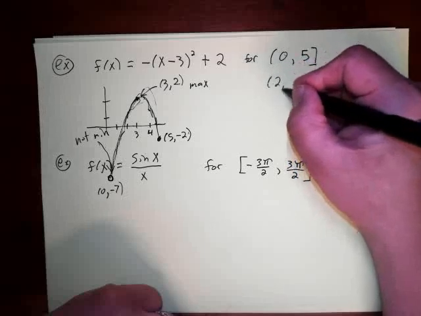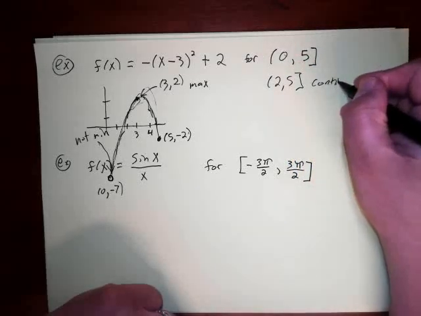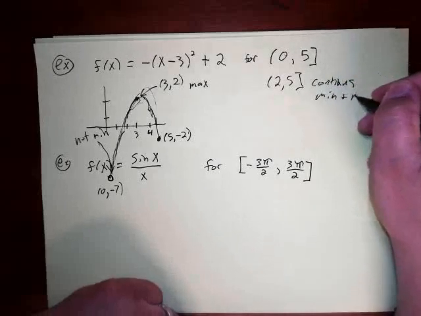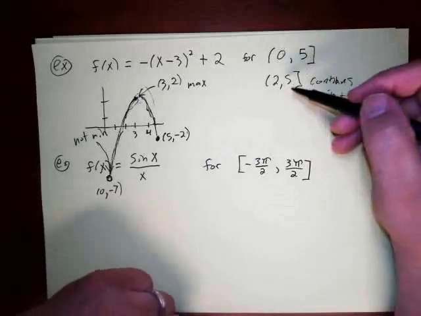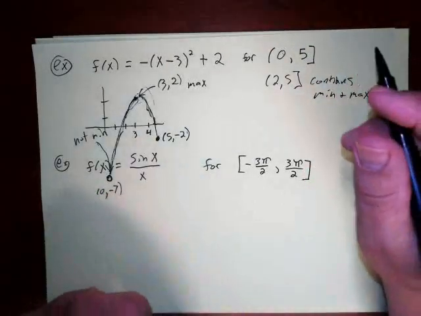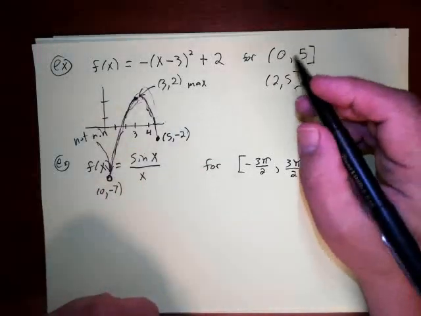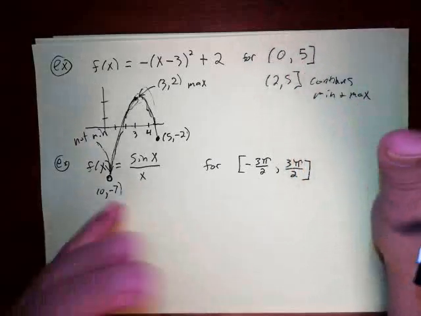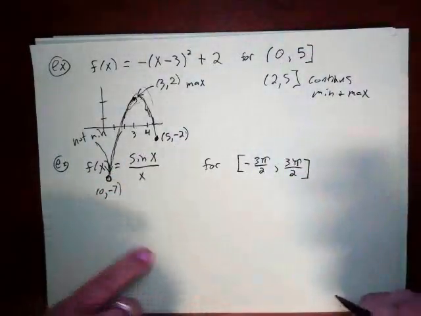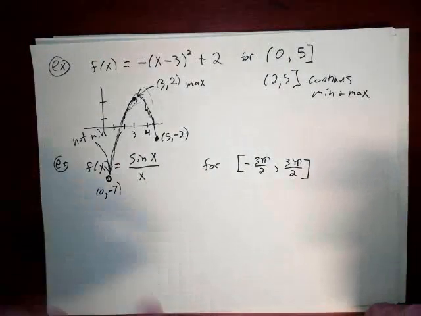So, in other words, 2 to 5 would contain a min and max. Okay. So it doesn't mean that it does not have an absolute min or max. It just isn't guaranteed to have an absolute min or max. If it's a closed interval, though, it would be guaranteed. If that were closed, you would be filling in that dot, and that would be the minimum value. Okay. Does that make sense?